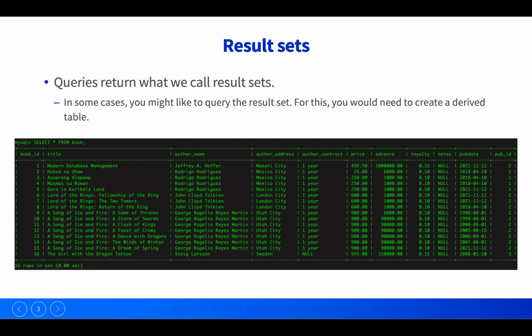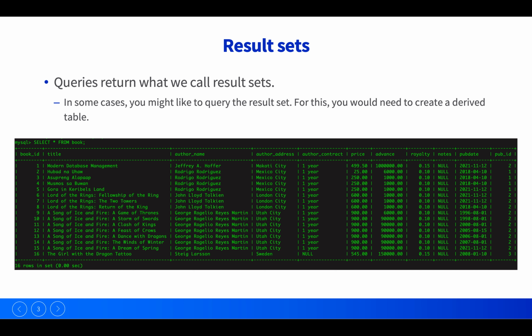So going back to our previous discussion about SQL queries, what queries return whenever we execute them inside of a DBMS is what we call a result set. These result sets are the rows of data that are returned to us given the queries that we've made and other constraints that we might have applied.